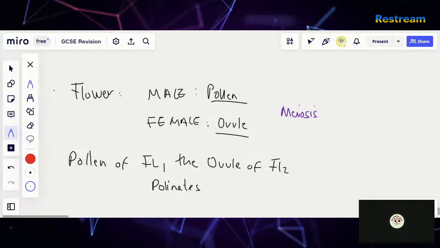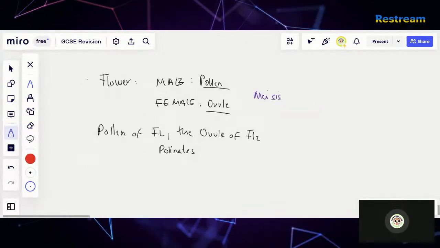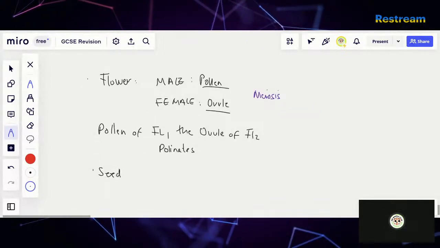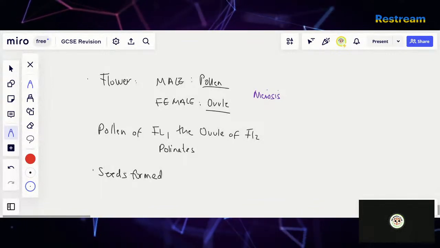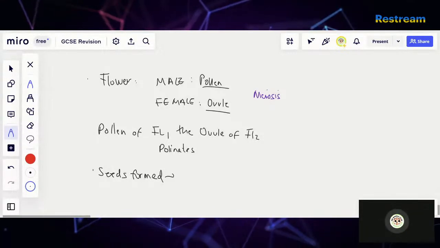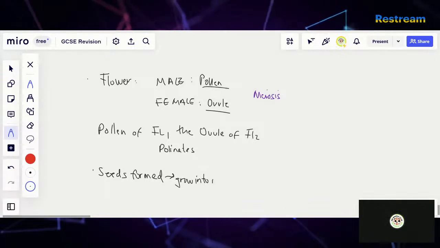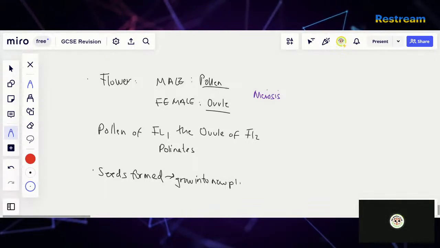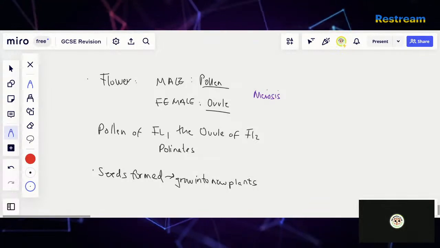Now, as it pollinates it, it then forms seeds. And because it forms seeds, this means that these seeds can grow into new plants. This can be really helpful.